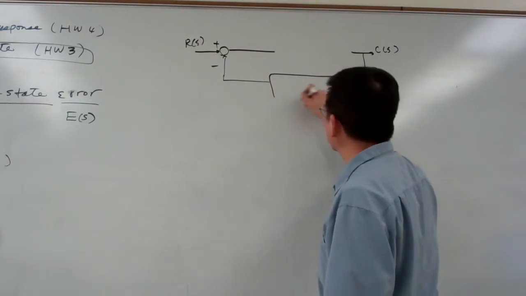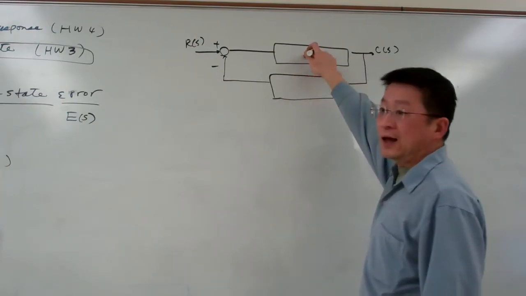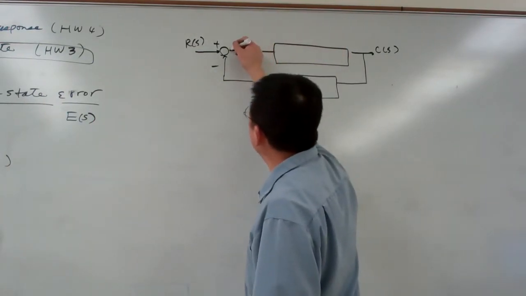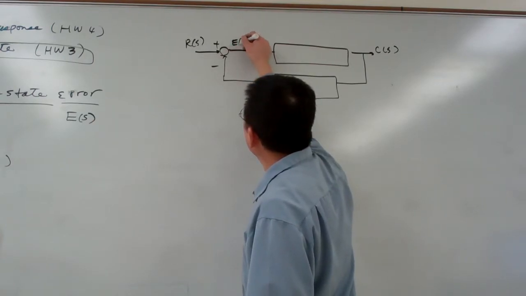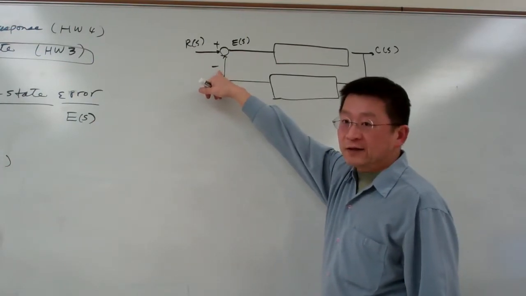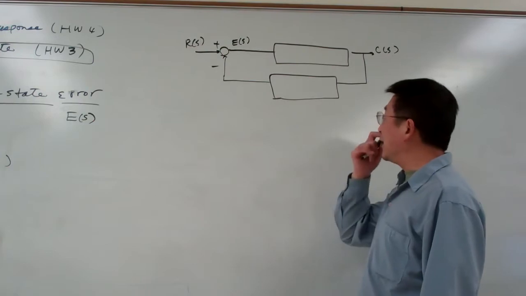Let me just make up one here. Whatever the contents are, they make up this control loop. Usually we define the error as the comparison of R to this feedback.